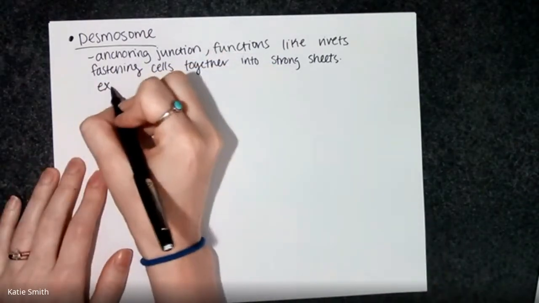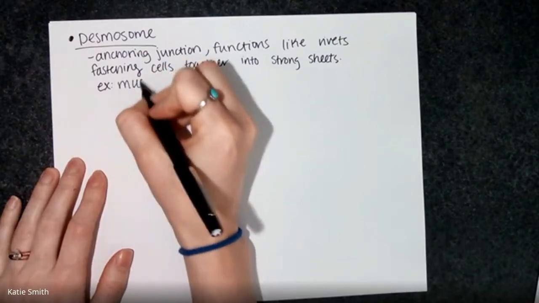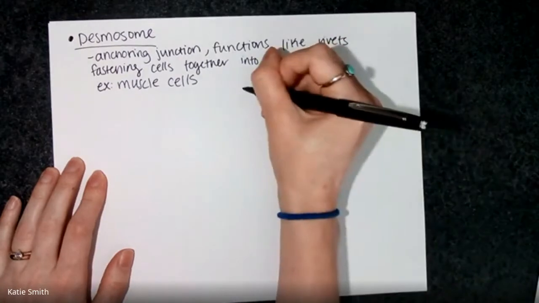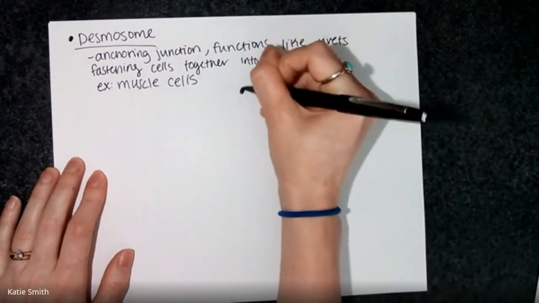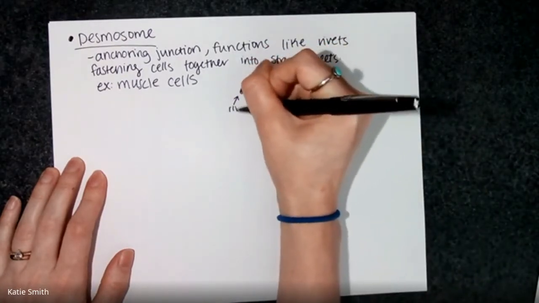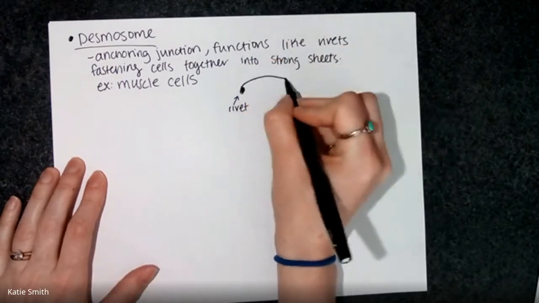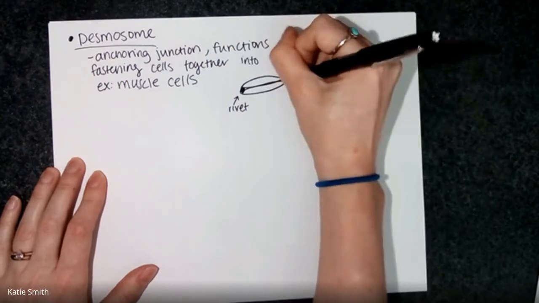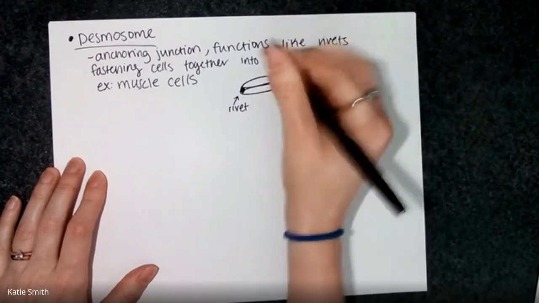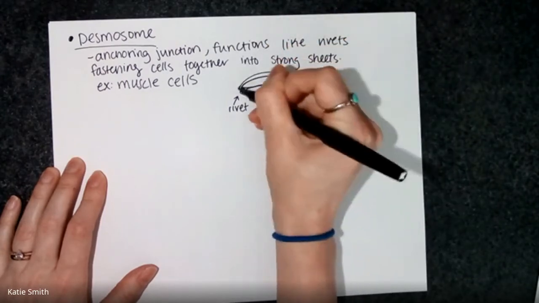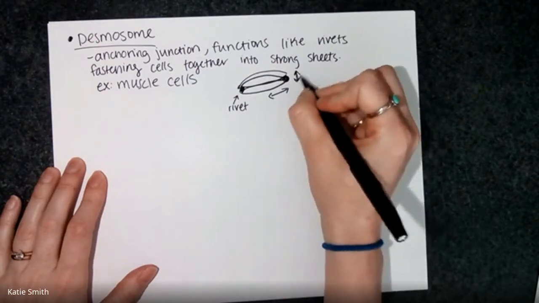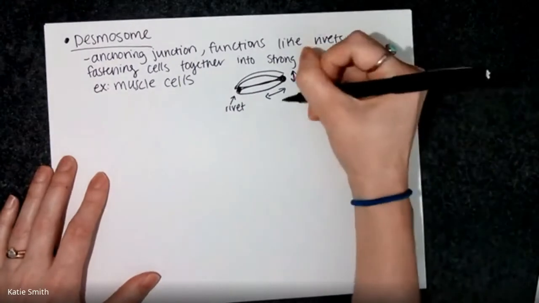So an example of this is muscle cells. So again, these muscle cells are attached at this rivet, but then they're able to move in all sorts of different directions outside of those rivets.